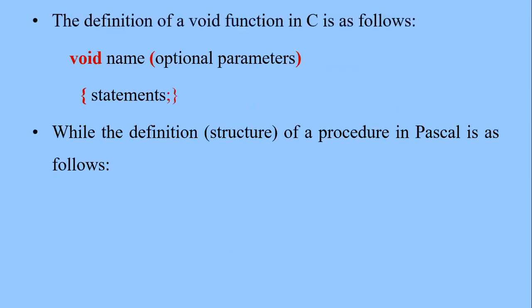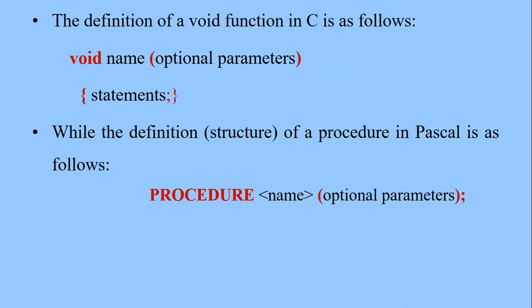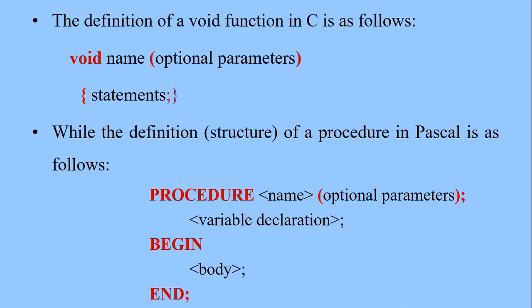But when it comes to the definition, we have the same as the header or the declaration, but then we now include the variable declaration part and begin the body and the end.